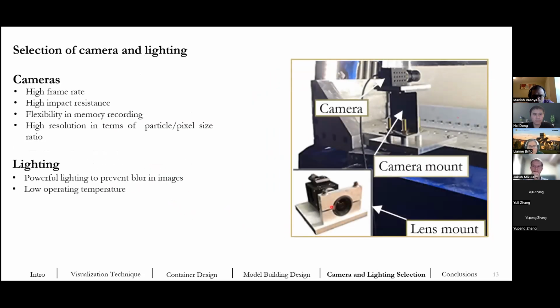Now, several considerations were taken into account for the choice of the cameras, including a high frame rate to avoid signal aliasing. We wanted high impact resistance because we're talking about centrifuge testing. We wanted flexibility in memory recording and high resolution in terms of particle to pixel size ratio.